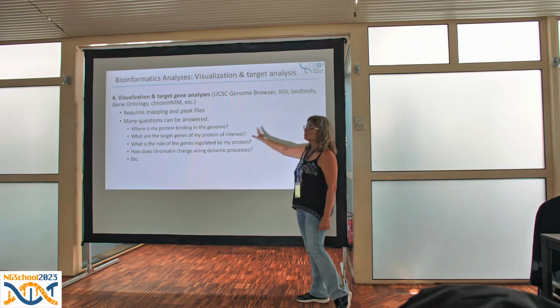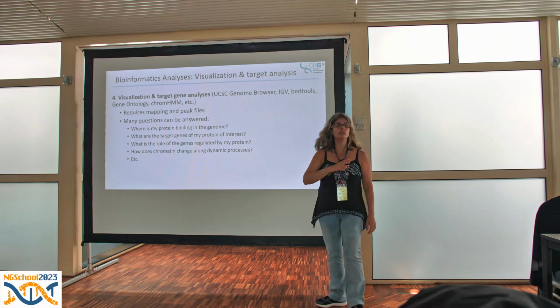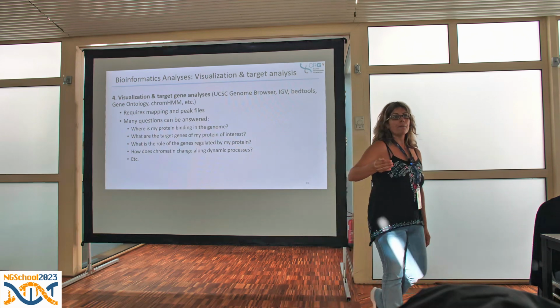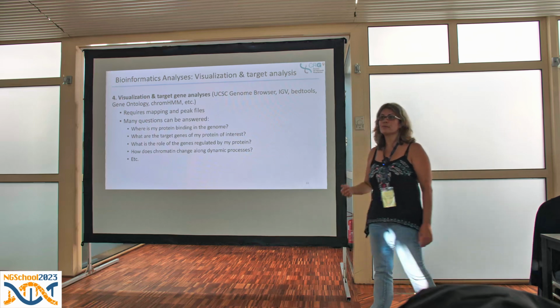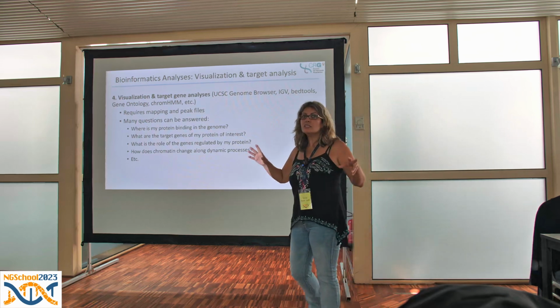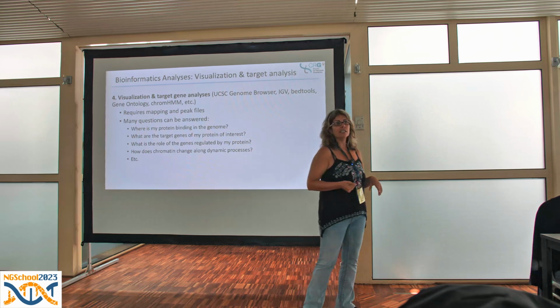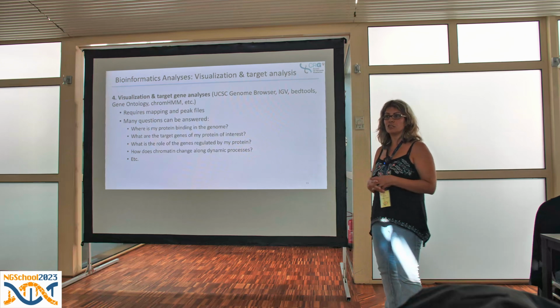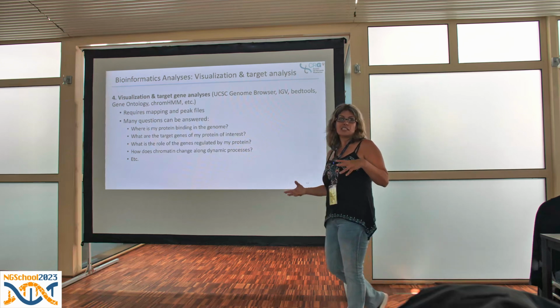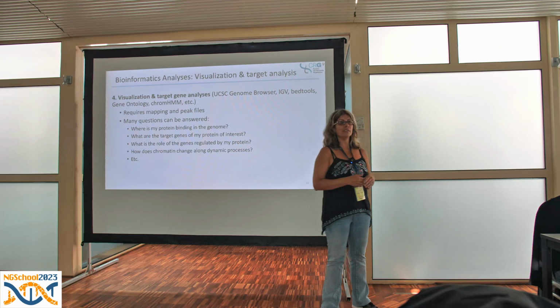And then some other analyses that we can do. We can obtain the target genes. So I have a transcription factor that is binding somewhere in the genome. I do my experiment. I obtain the list of target genes, if I can, because who knows if the transcription factor is actually binding the transcription start site or enhancer regions or whatever.